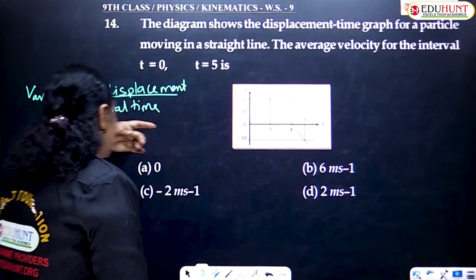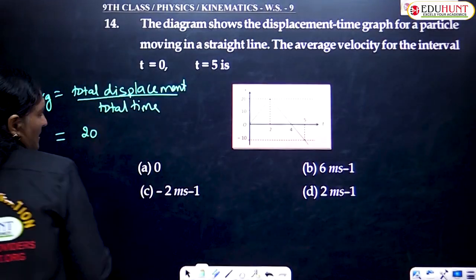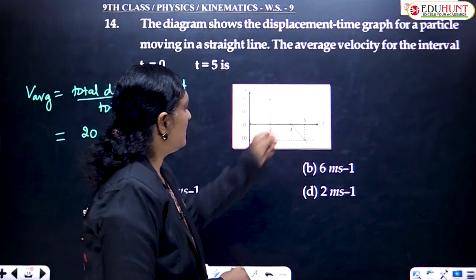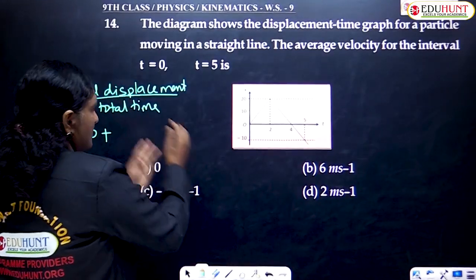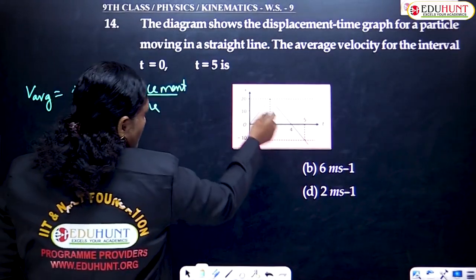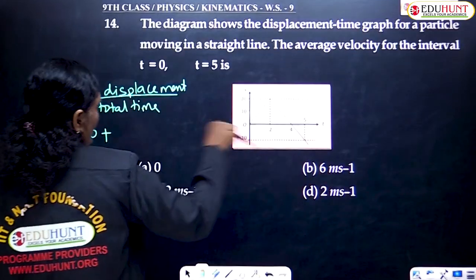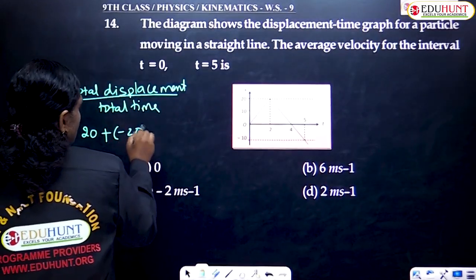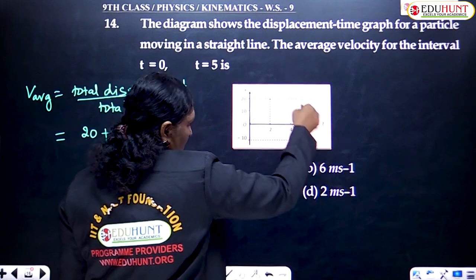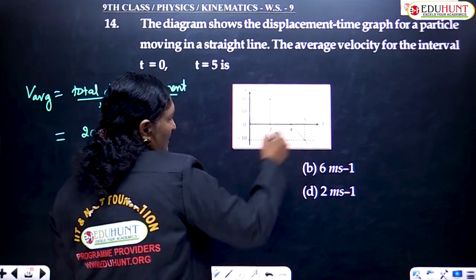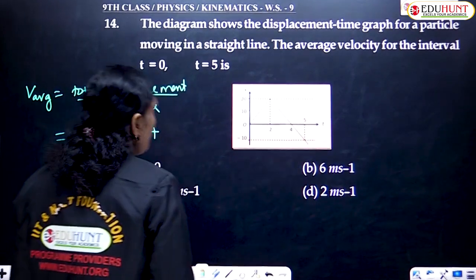So total displacement from here to here, what is the total displacement, children? 20 minus 0 is 20. Again from here to here, it is the displacement of the initial seconds plus the displacement here, which is a negative slope, indicating minus 20, plus again from here to here, negative slope, the value is minus 10.